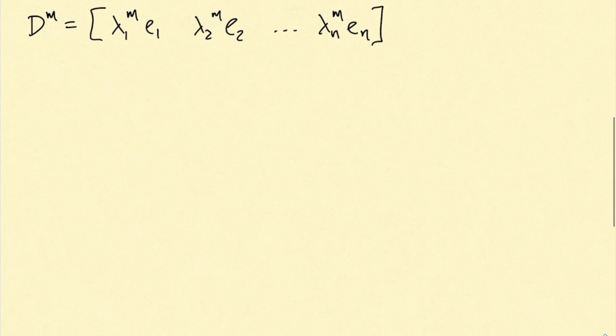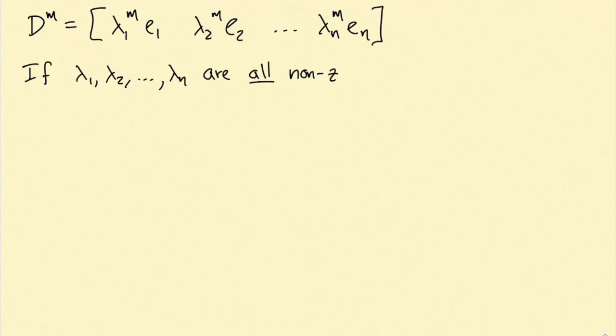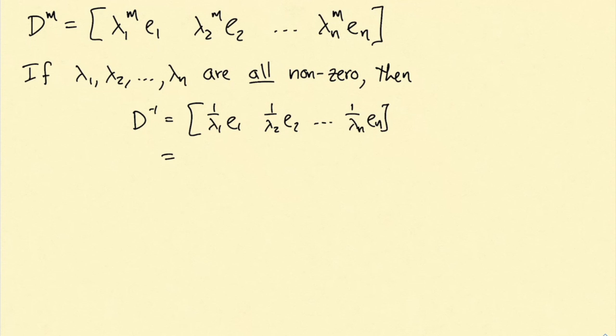What's more, if each of the entries along the diagonal of our matrix is non-zero, then it's easy to invert our matrix. We simply write 1 over lambda 1, 1 over lambda 2, 1 over lambda n along the diagonal, which we can think of as being lambda 1 to the minus 1 power, lambda 2 to the minus 1 power, down to lambda n to the minus 1 power.